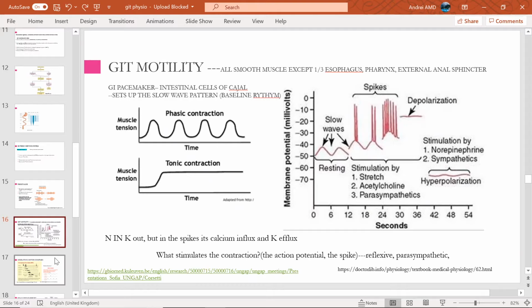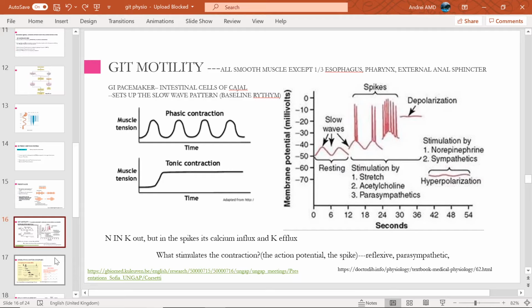This happens from the antrum. The antrum starts this whole electric activity and contracts, and then from the antrum it goes all the way down to the jejunum. You should also know what these waves are made from. When it's stimulated, it's phase 3.